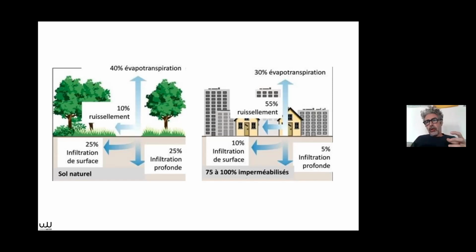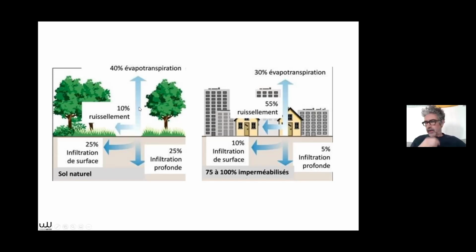They developed 20 or 30 years ago, and continue to develop, rainwater management methods not linked to sanitation, but linked to the city, from an urban point of view. It's important for us because it's a school of thought that has completely changed urban planning and urban development. And that's what I'm going to be talking to you about.